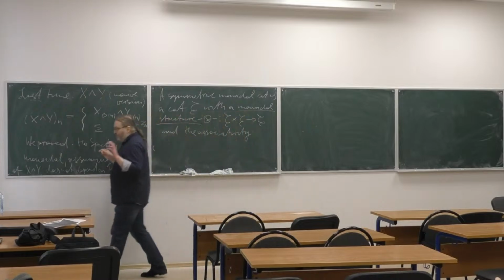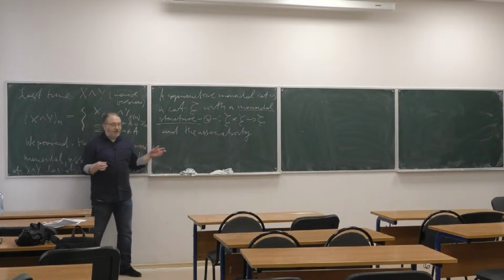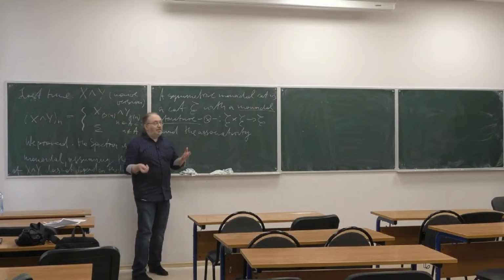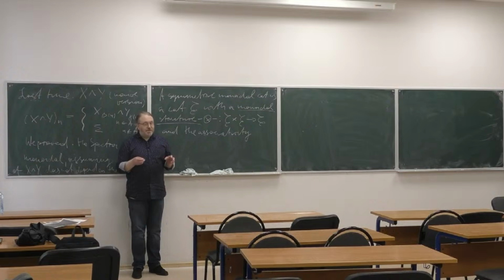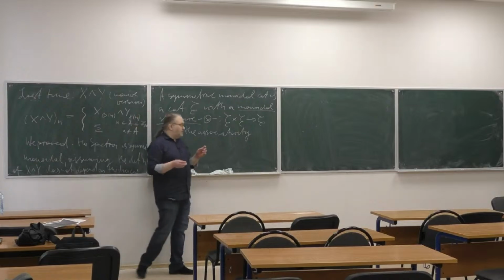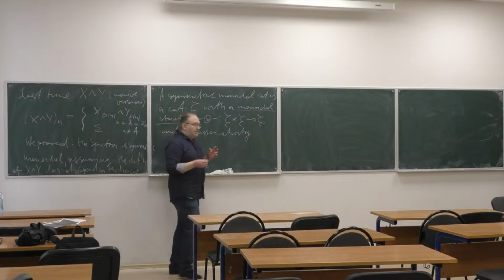So we have a functor from C cross C to C, and on top of this, we need to specify the associativity and commutativity isomorphisms.